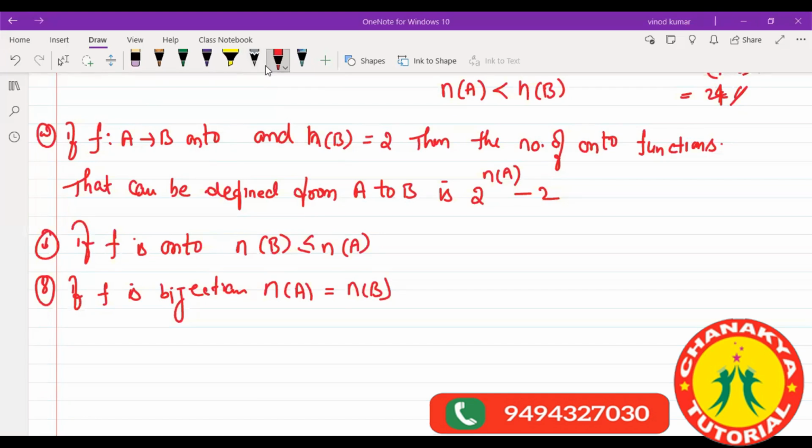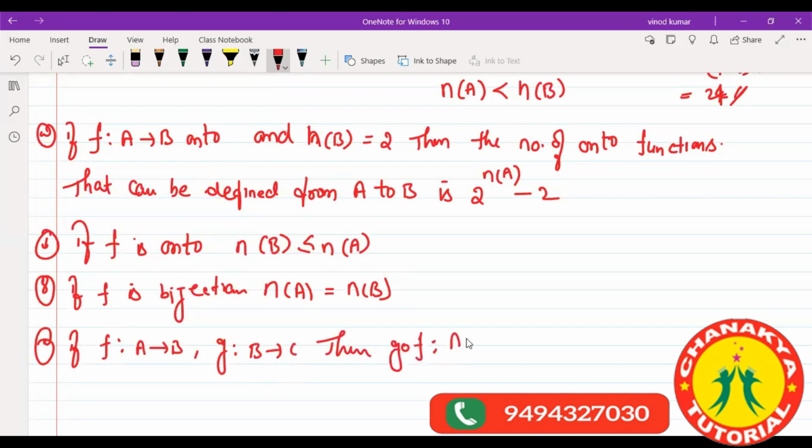Now, how are composite functions defined? Suppose f maps A to B and g maps B to C are two functions, then g circle f maps A to C and is a composite function.